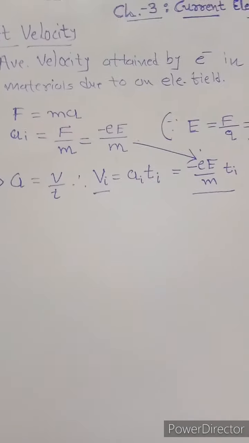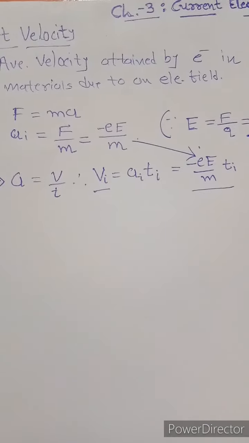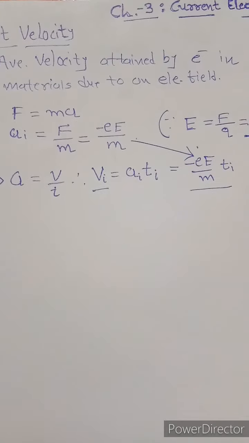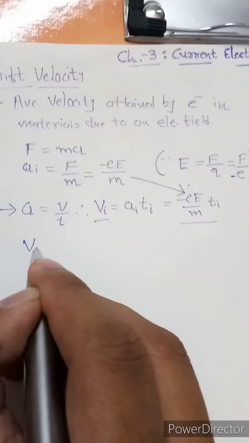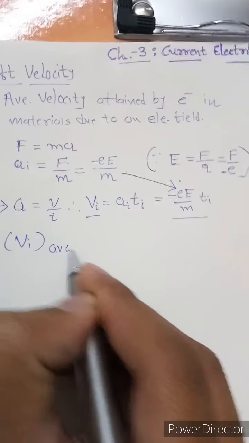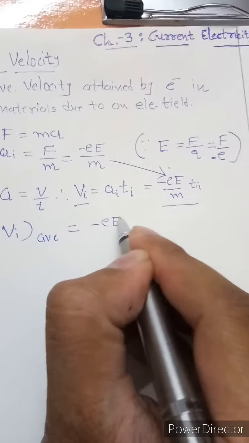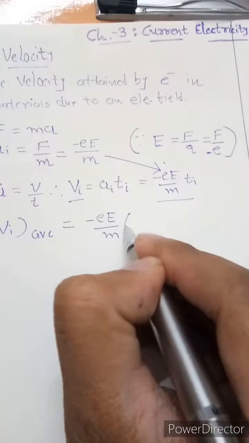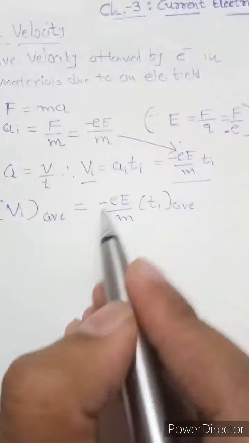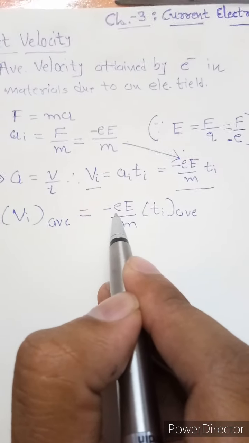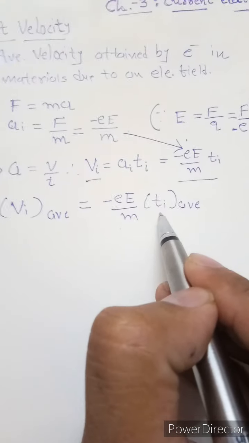As we know, electrons are moving here and there, so it will collide with other electrons also. From this we can find the average velocity, and average velocity will be found like vi average is equal to minus eE upon m Ti average, because here charge of the electron is fixed, electric field is fixed, mass of the electron is fixed, there is a change in time taken.